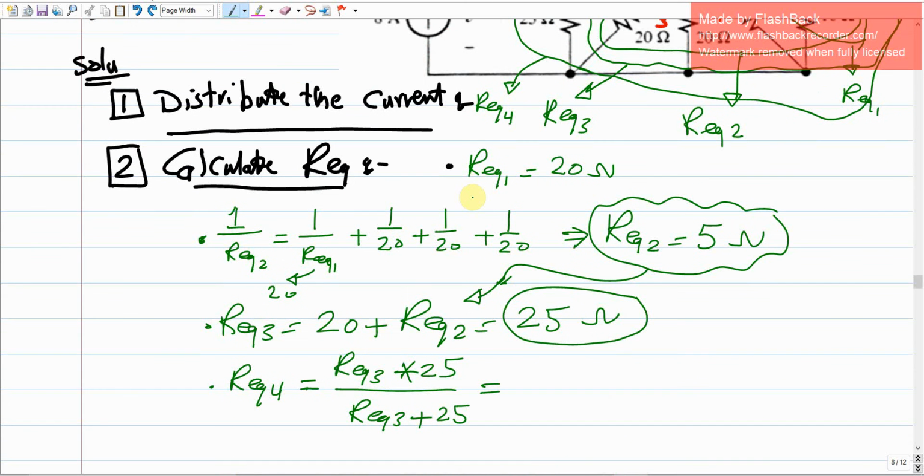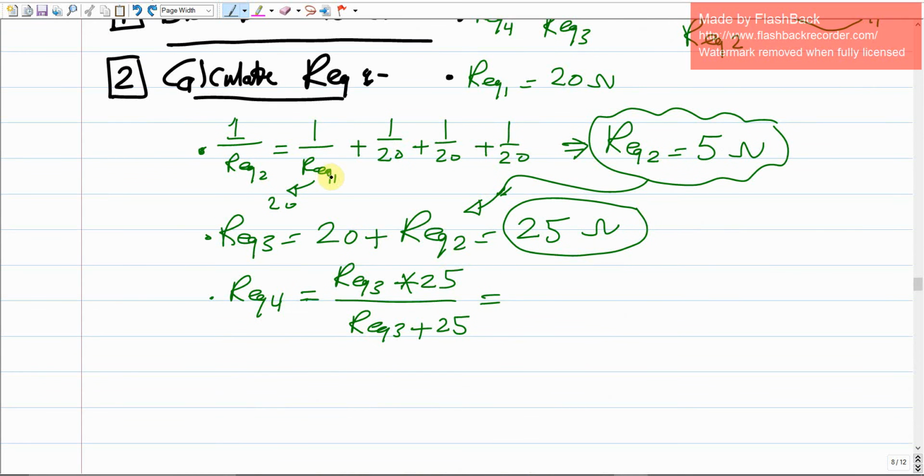Make sense? So what does it mean? It means that I'm going to end up with an overall R equivalent. So this one, let us do the calculation. R equivalent 3, we got it as 25. This is 25 and this is 25 as well. So it's going to be half, 12.5 ohms.